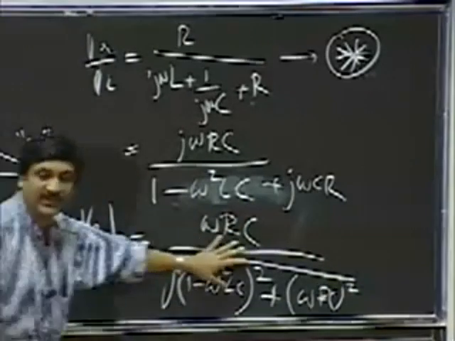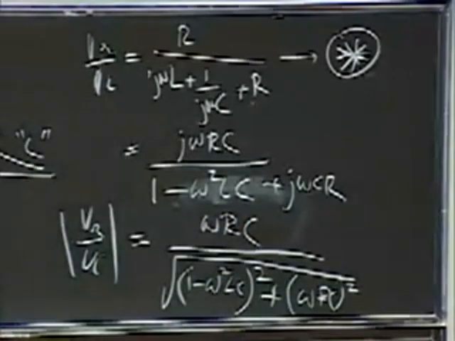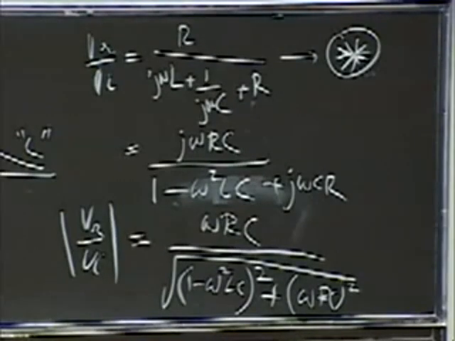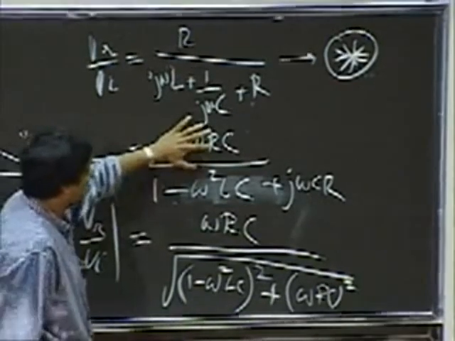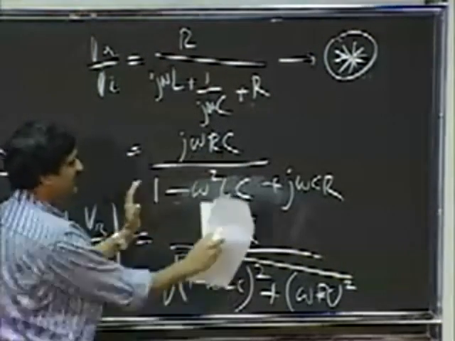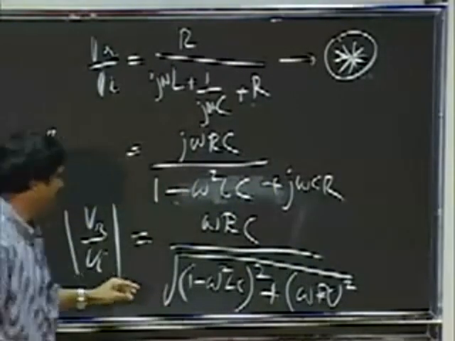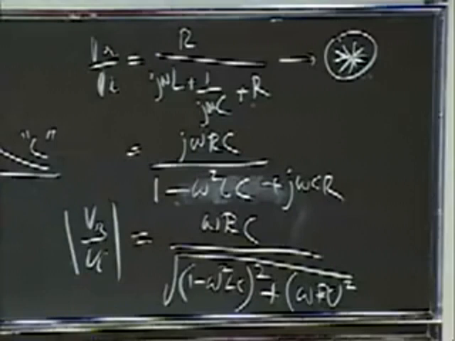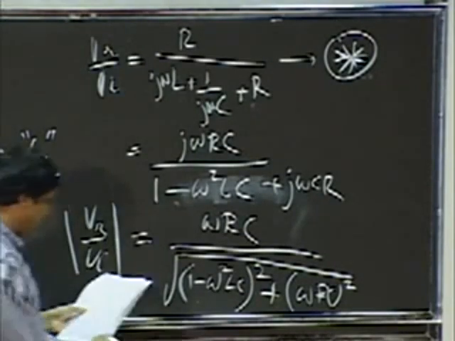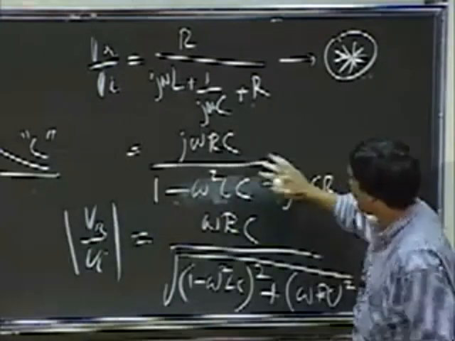You can look it up in your complex algebra appendix in the course notes. It's simply omega RC here, and then the square of the real value plus the square of the imaginary value, and take the square root of that.